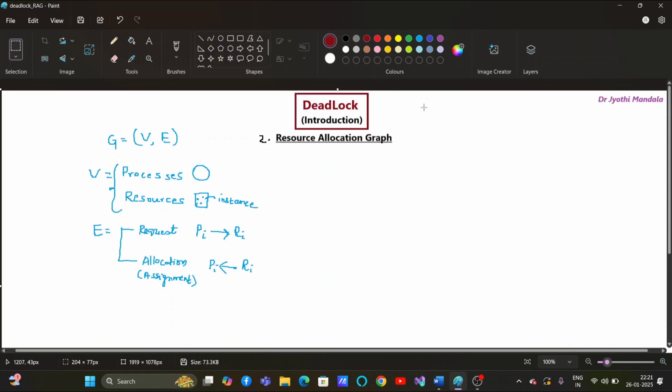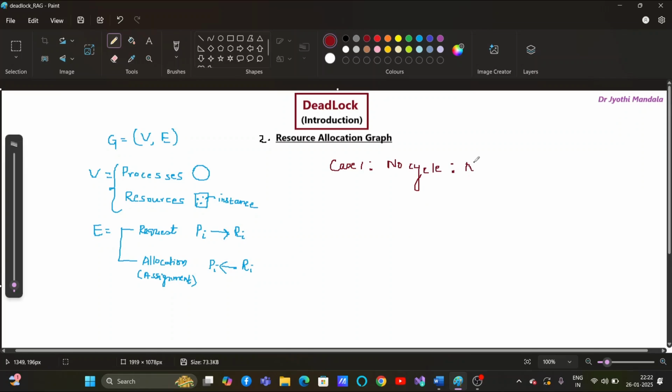Case one: if in your resource allocation graph there is no cycle, then there is no deadlock. I will take one example and let us see one resource allocation graph, and by seeing that we will understand how this case is reflected.